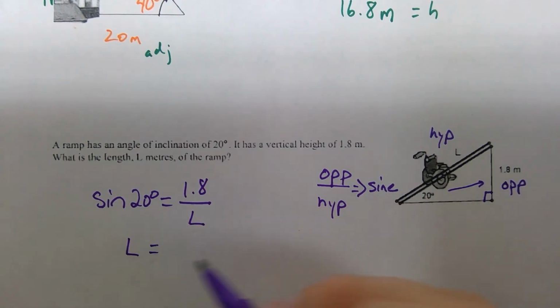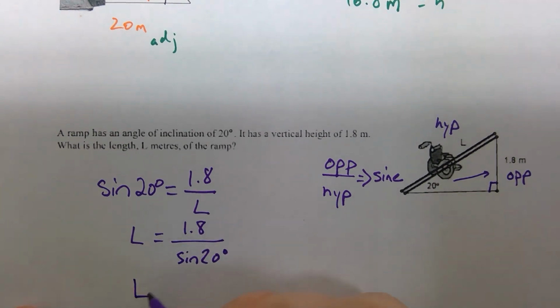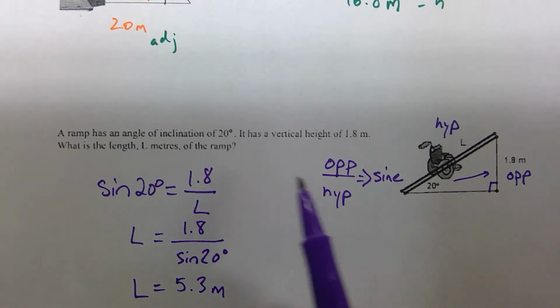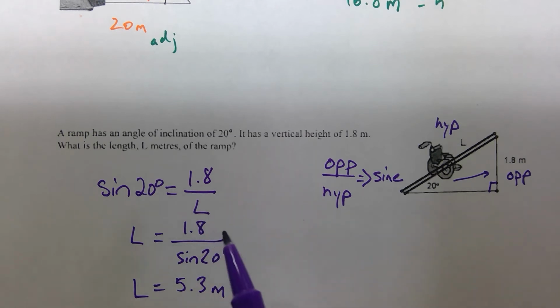That denominator switches positions with my left-hand side. And then put that in the calculator. L is going to be about 5.3 meters. Okay, so we labeled our picture that we were given, and we put our units on our response, but everything else just looks exactly like a regular trig problem that we've done before.